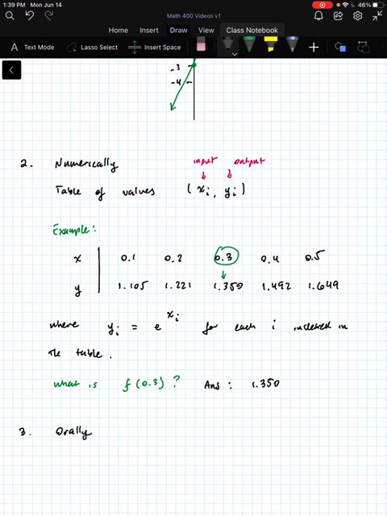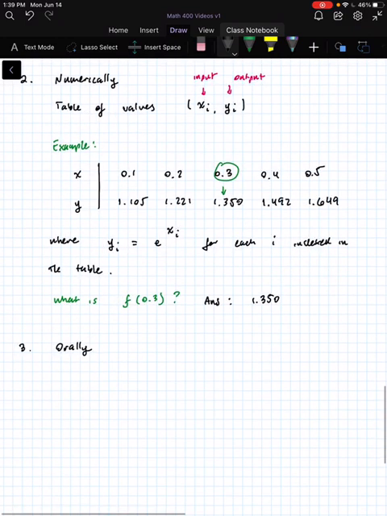Third, we may represent a function orally, so description in words. There are some pretty classic examples here, such as when you're discussing physical models.